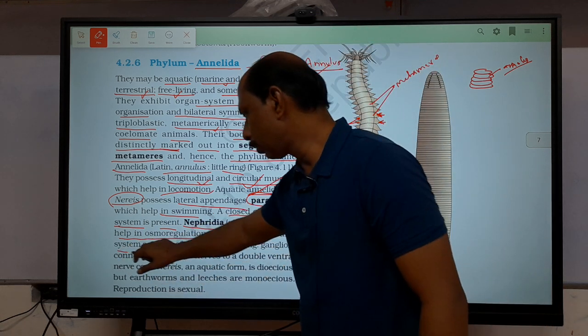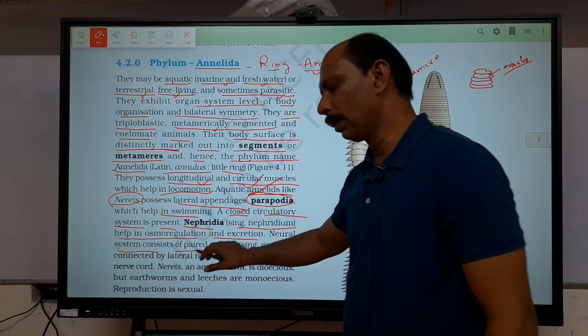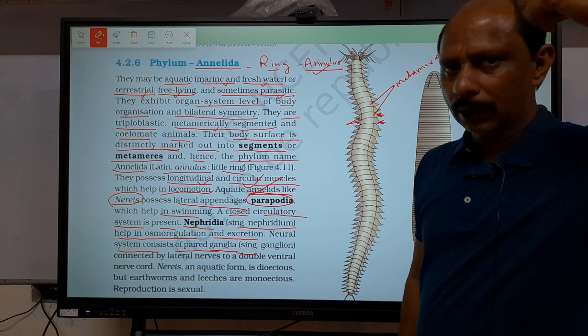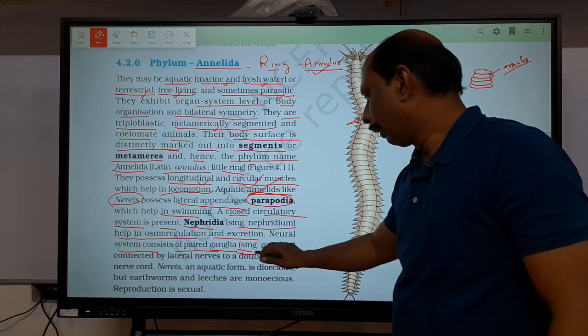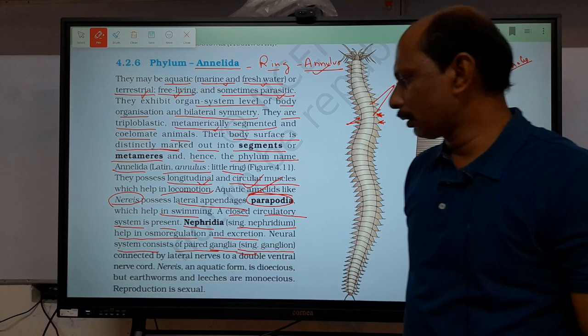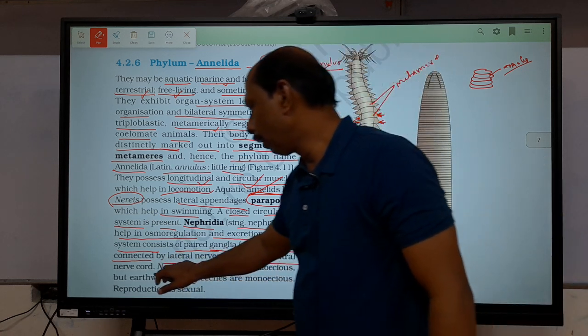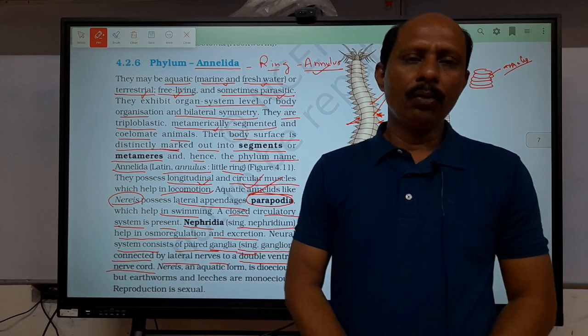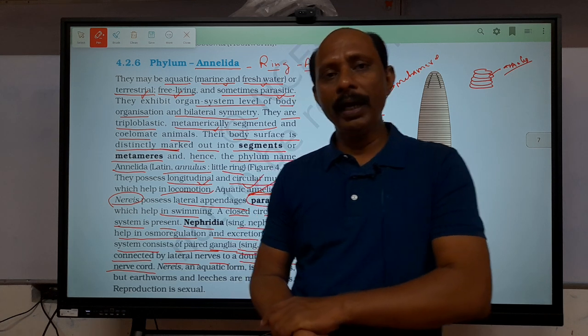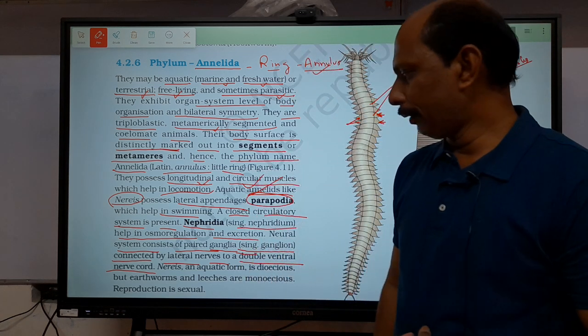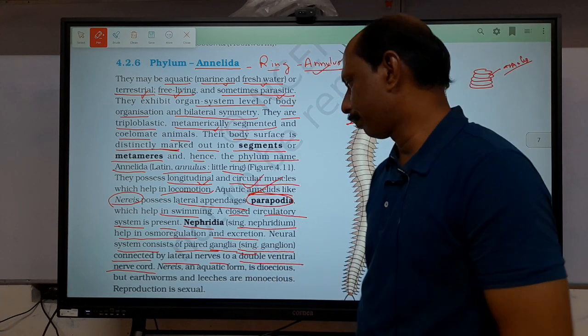Neural system consists of paired ganglia. Nerve ring is there, and singular ganglia connected by lateral nerves to double ventral nerve cord, which is the characteristic of non-chordates.